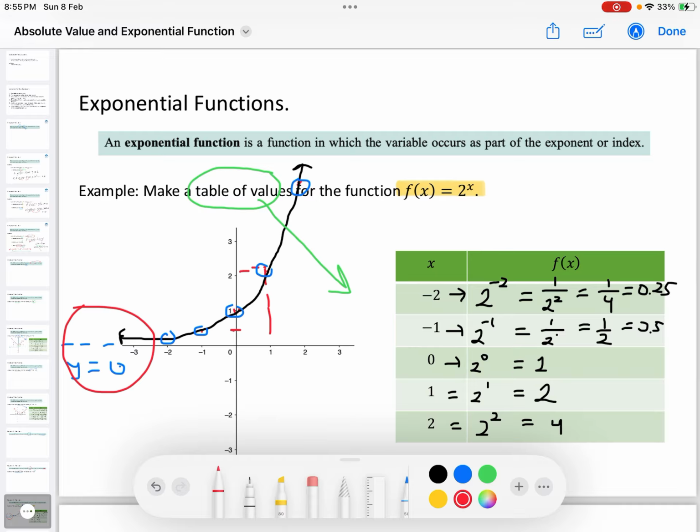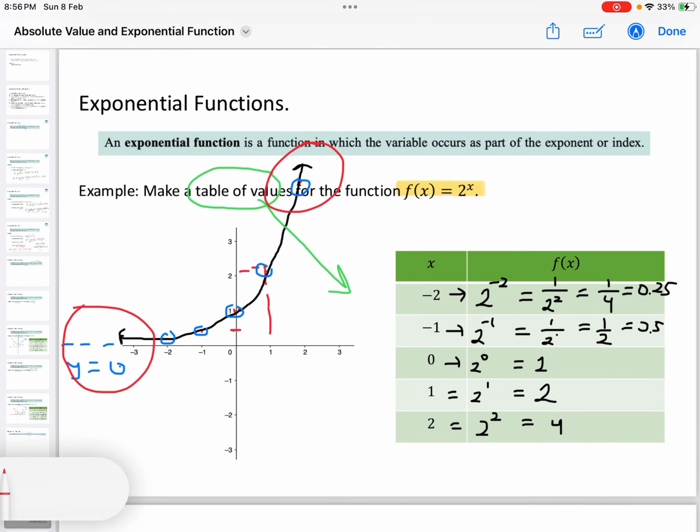That means that the graph goes down and down and down closer to y equals 0. And then on the right side, the function is growing very fast. So we're jumping super fast going up. So this function is called exponential.